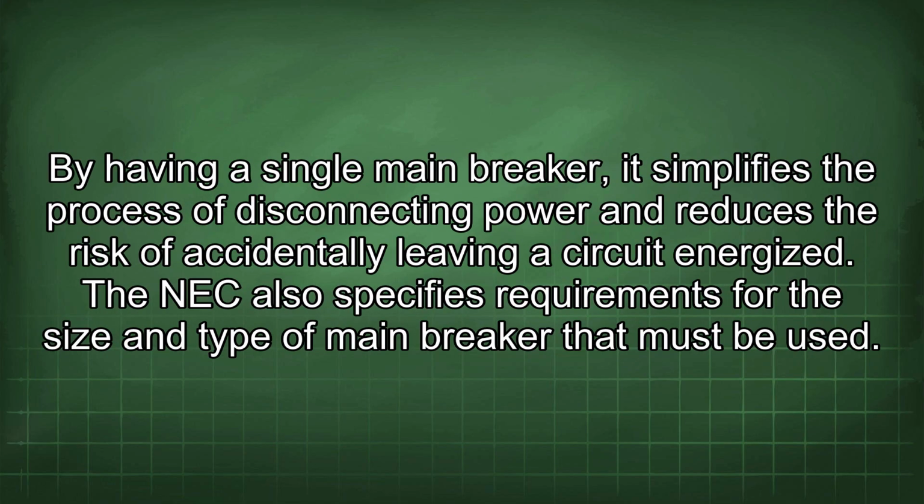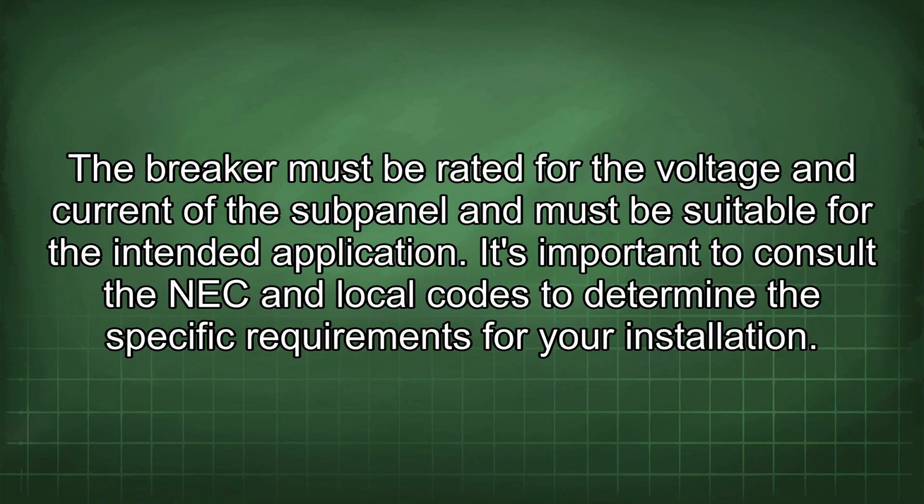By having a single main breaker, it simplifies the process of disconnecting power and reduces the risk of accidentally leaving a circuit energized. The NEC also specifies requirements for the size and type of main breaker that must be used. The breaker must be rated for the voltage and current of the subpanel and must be suitable for the intended application. It's important to consult the NEC and local codes to determine the specific requirements for your installation.